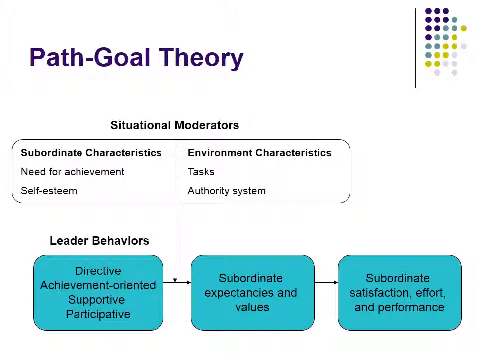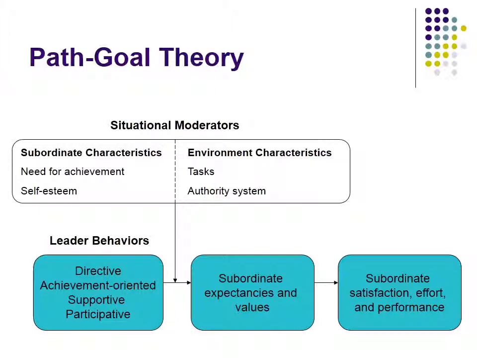Also, the environmental characteristics. What are the tasks that are being done, and what is the authority system? Once you determine what the situational moderators are, to determine what leadership behaviors will be more successful, you then determine if they actually have an effect on the subordinate based on Victor Vroom's motivational theory of expectancy.